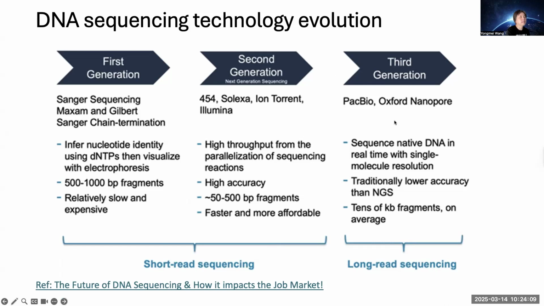And then later on, there's more sequencing technology called third generation. Some of the instruments you can hear the word PacBio is one that's still in the market. Oxford Nanopore. So these sequencing technologies are very different.